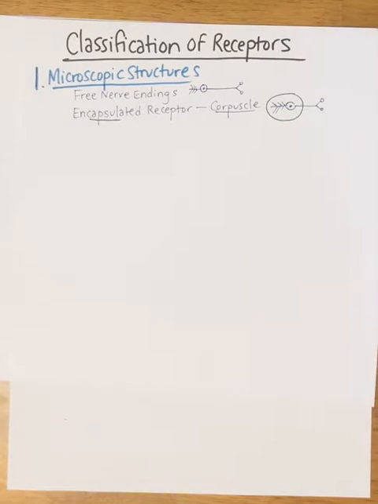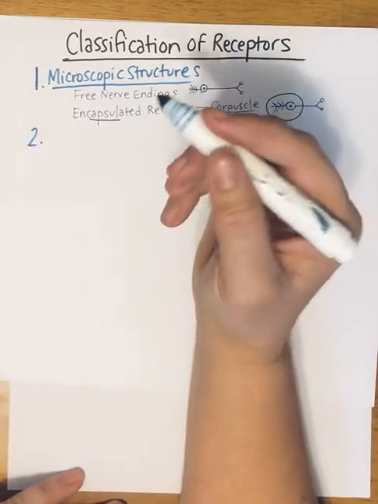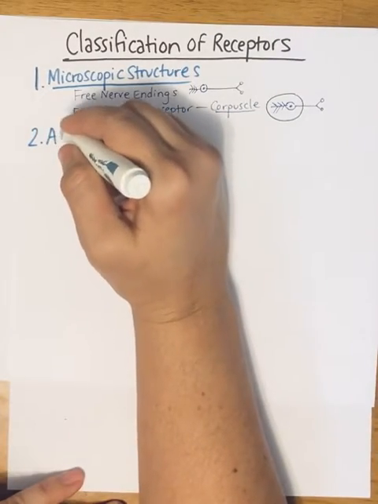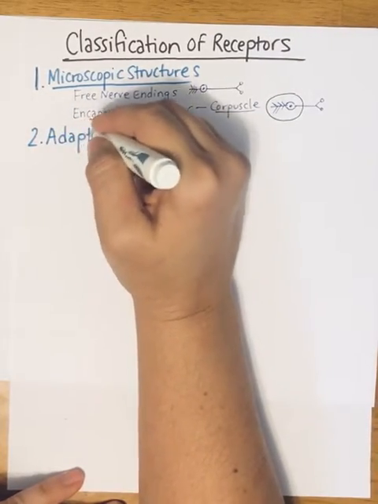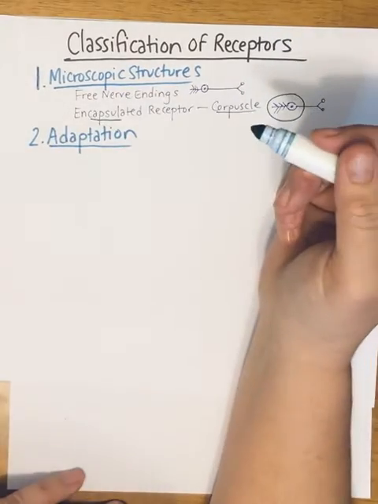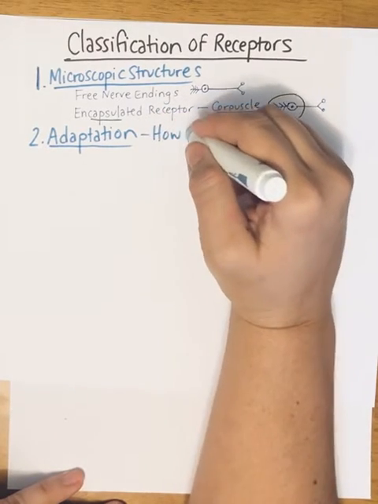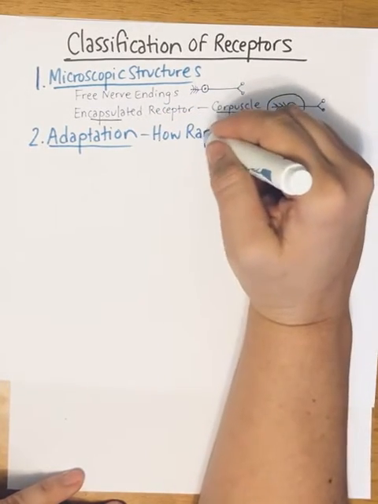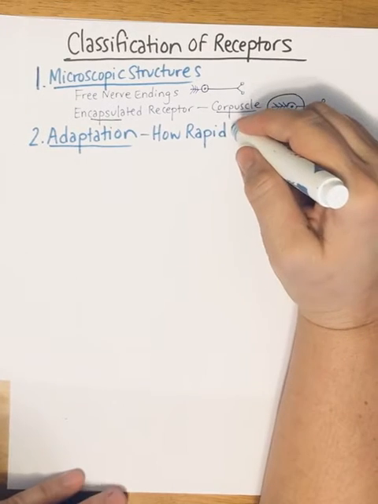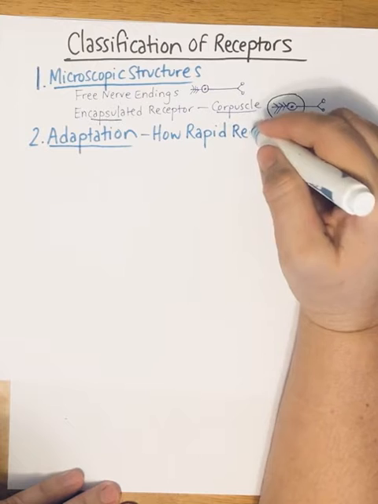All right, the second way we classify receptors is how fast they adapt. Adaptation is how fast they respond. We have fast and slow receptors.